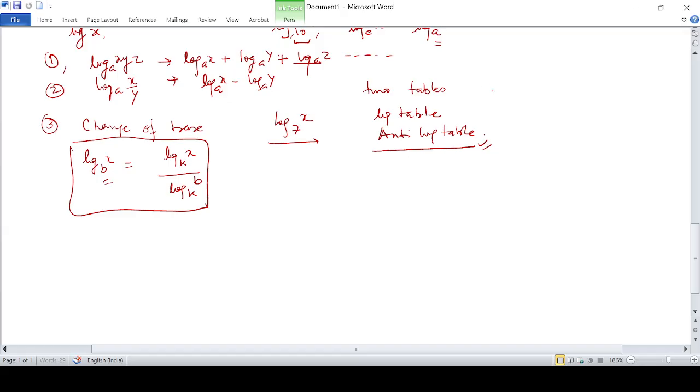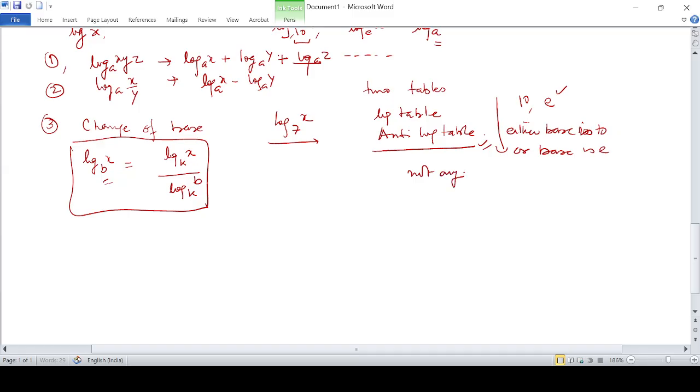These tables are only based on 10 or e. Either the base is 10 or the base is e, not any other number.